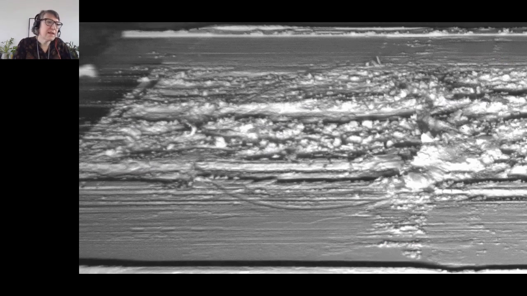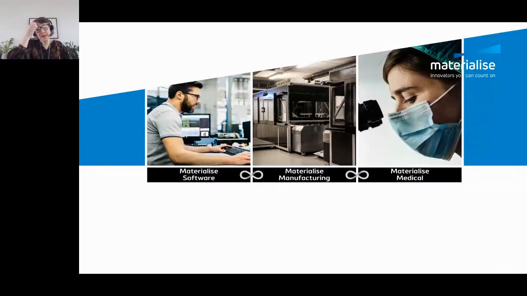It's all the things that can happen on a printer, and when you are confronted with this kind of situation. This is actually a situation that was provided to us by my colleagues from the manufacturer's side. For the ones who are not familiar with Materialise, we are a Leuven-based company, and I myself am from the software department, so we develop software for everybody in the industry working with 3D printers.